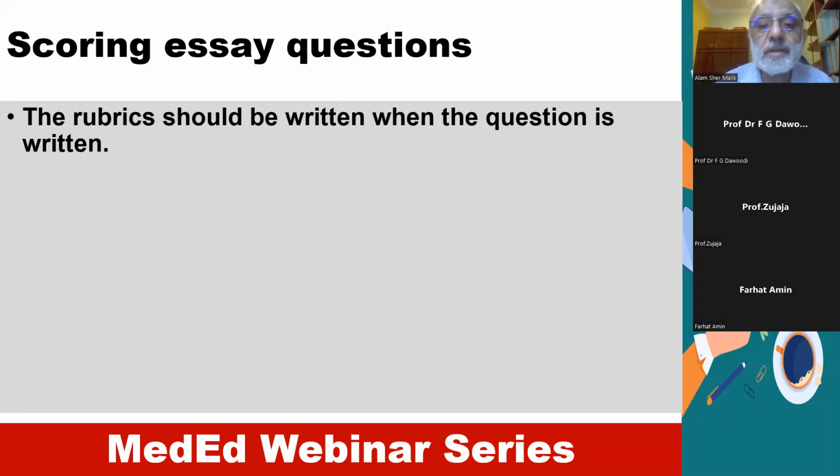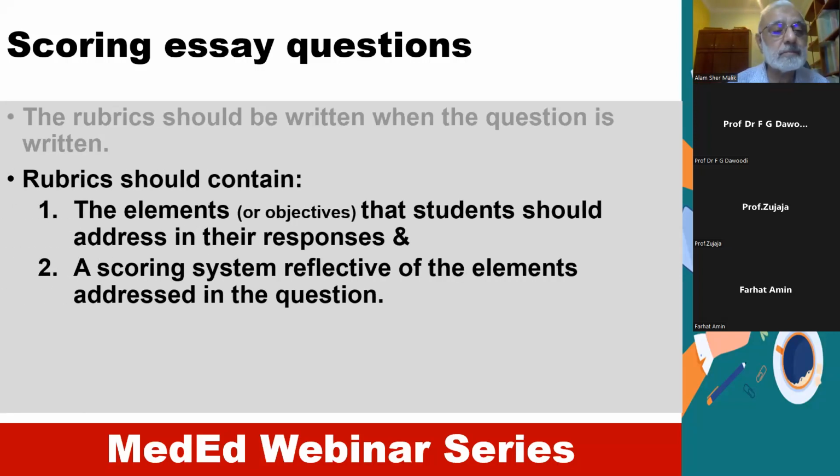The rubric should be written when the question is written, at the same time when the model answer is written. The rubric should contain the elements or objectives that students should address in their responses, and a scoring system reflective of the elements addressed in the question.